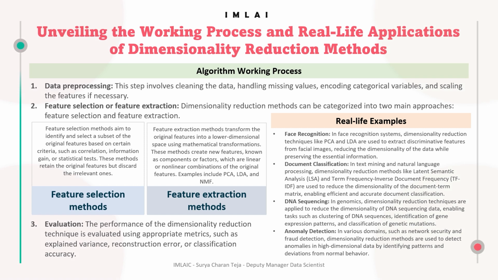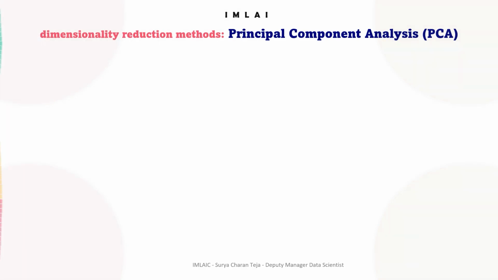Now let's look into one of the dimensionality reduction methods, which is principal component analysis. Principal component analysis is a popular and widely used dimensionality reduction technique that aims to transform high dimensional data into a new lower dimensional subspace while retaining as much of the original data's variance as possible.